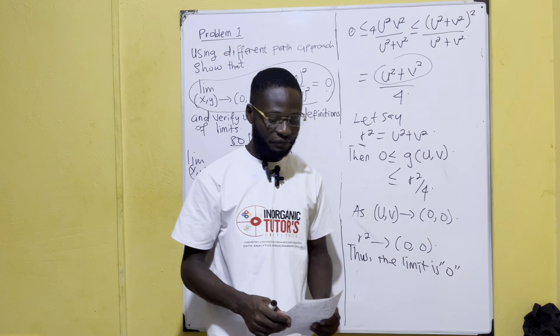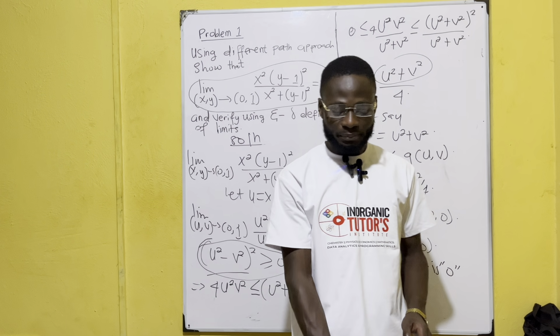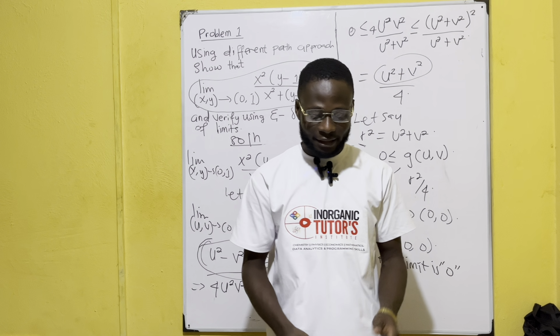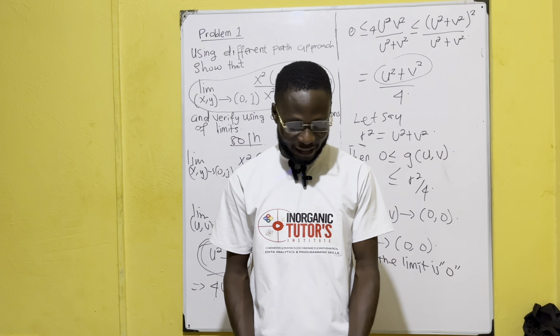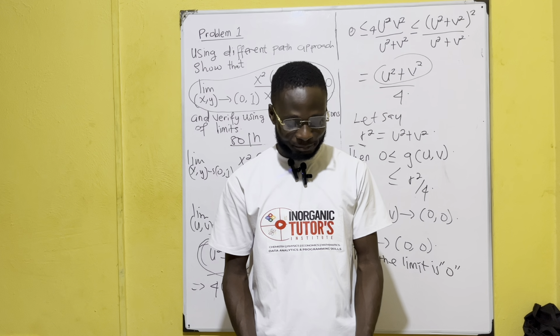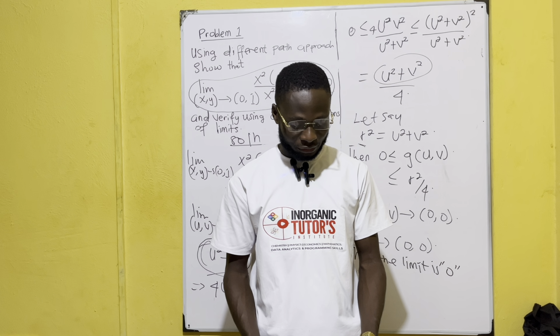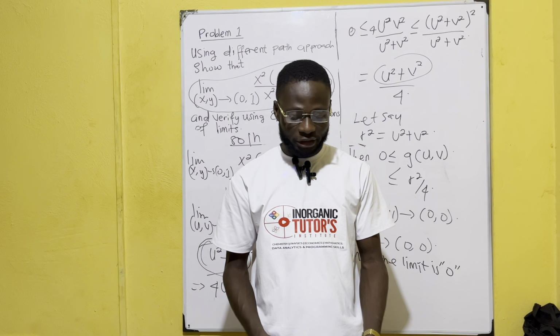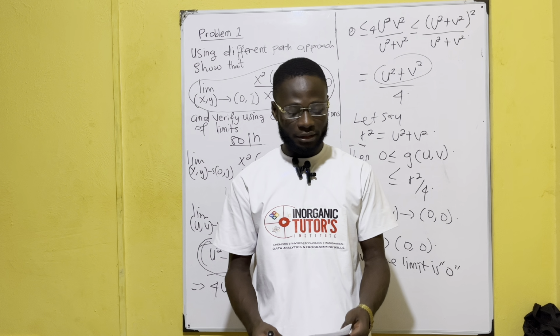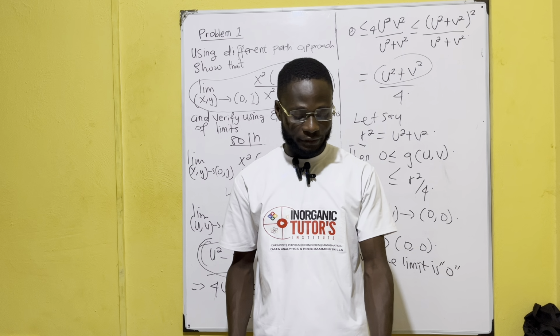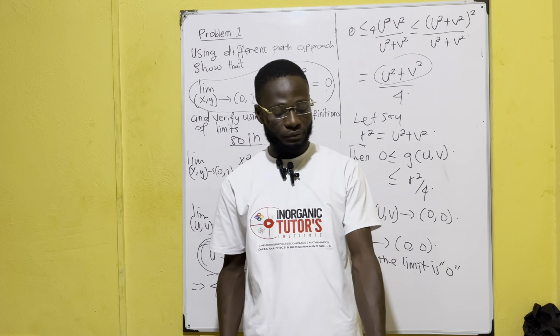So far we have used the different paths, we have used the identity, and now we are going to use the epsilon delta definition.